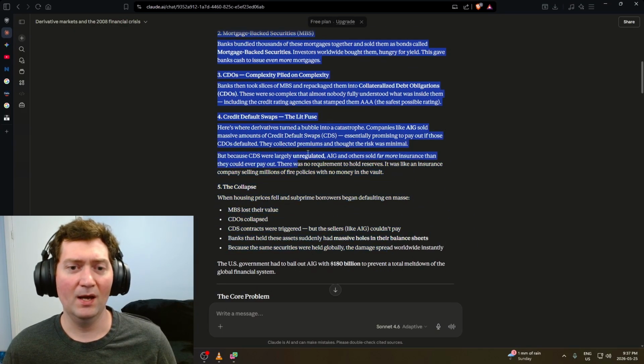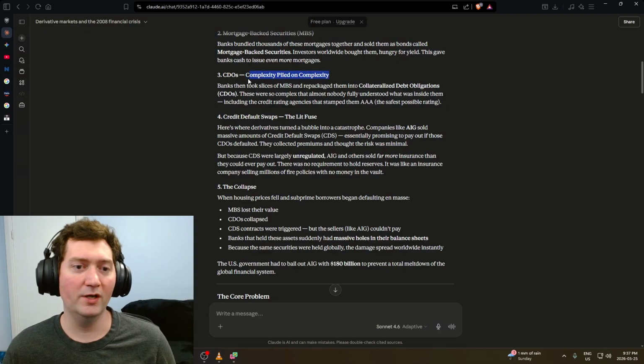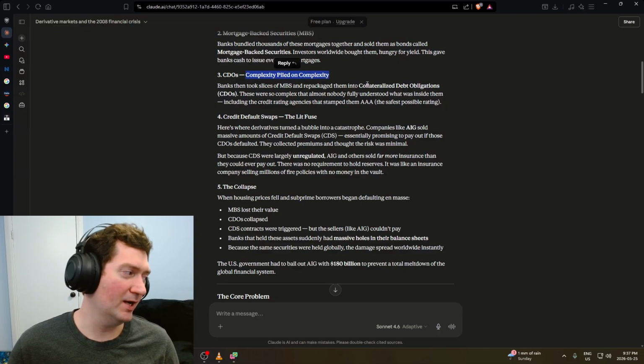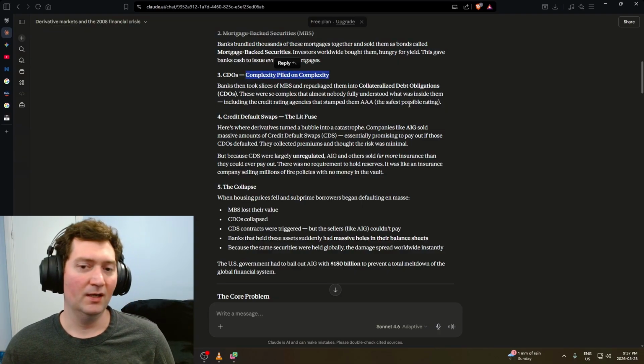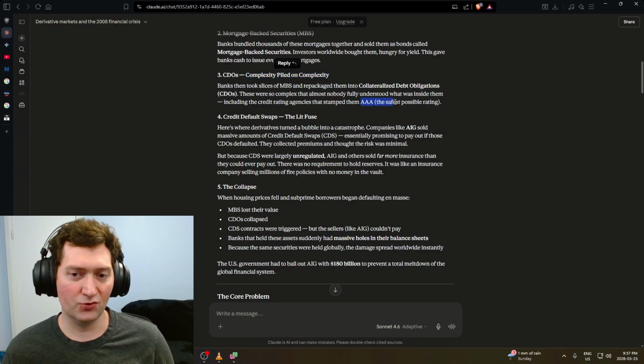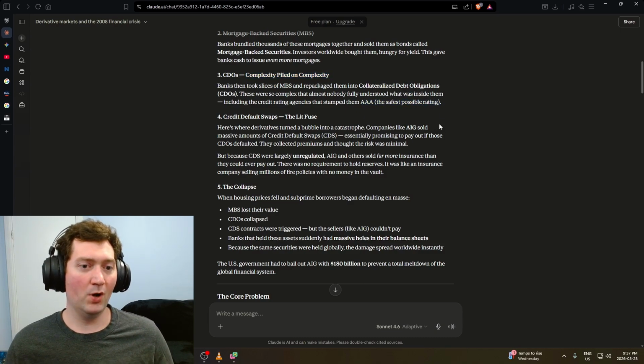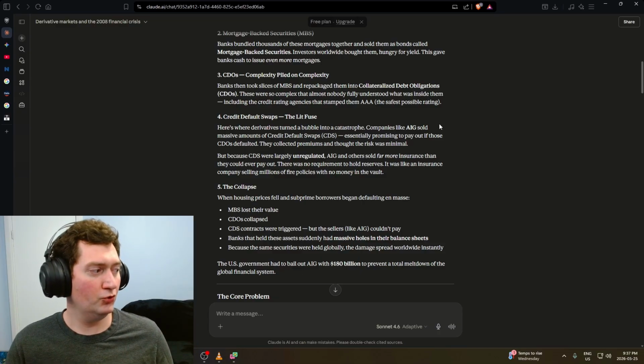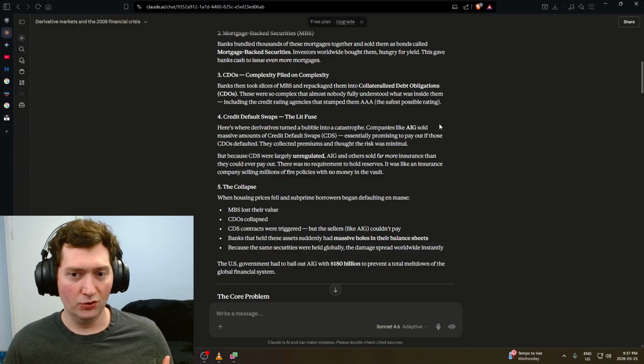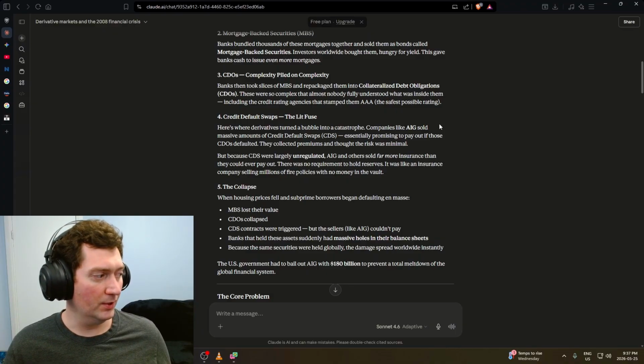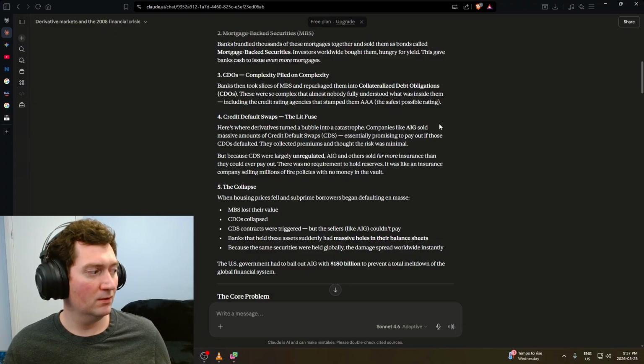Obviously, I have no idea what they did with the complexity piled on complexity. It clearly tricked rating agencies. But if a product is too complex for you to understand, you shouldn't be giving a rating, in my opinion.